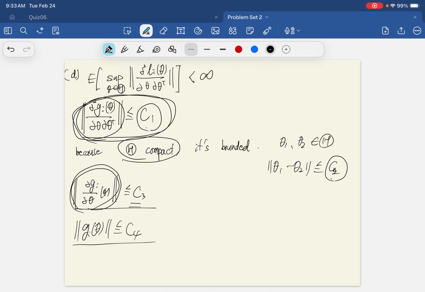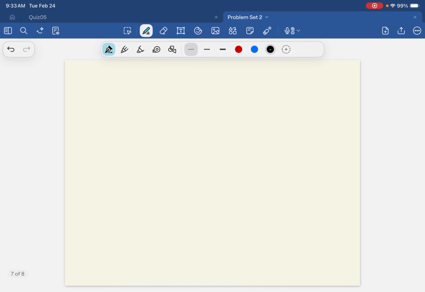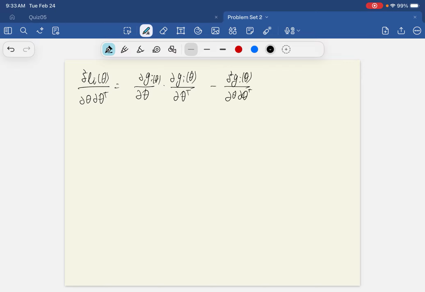So then just apply this to the functional form. We are now bounding L, not g, okay? And remember, it was this minus the second derivative times yi minus gi theta, something like this.